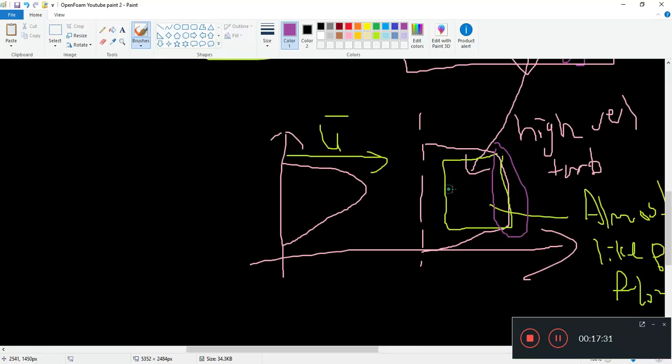Let's say this section of the fluid has a velocity u. It will want the sections neighboring it to also have a similar velocity u, and it will exert a lot of force on them. That's what turbulence does, and that's why you have this kind of flow profile.